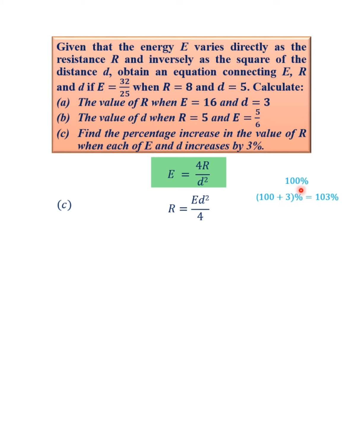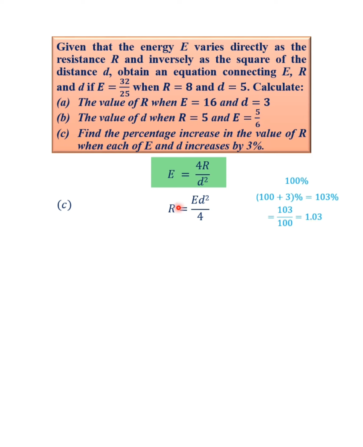The reason is that 100% is complete, and that increased by 3, so we add 3 to it to give us 103%. If we write 103% as a fraction, we can say 103 divided by 100, and that equals 1.03. What it means is that if something increases by 3%, we can represent that as 1.03.